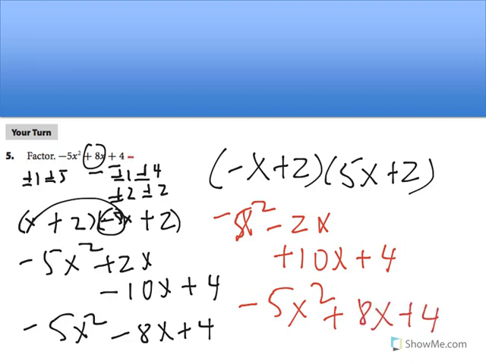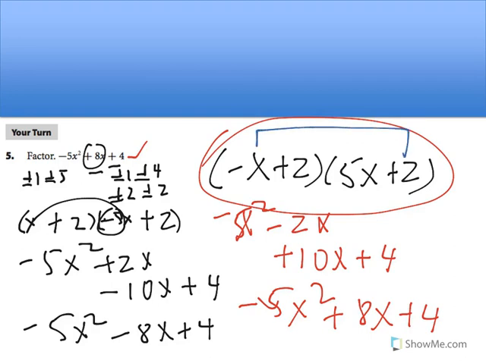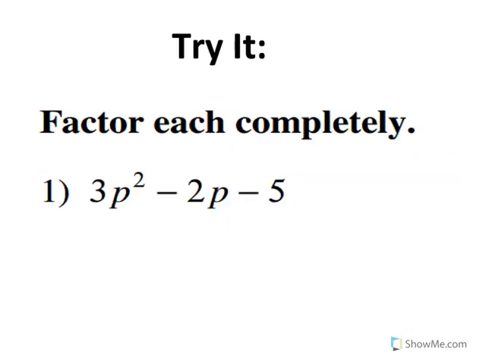So this is the same as that, and this is the factorization. Another quick way to check is to look at the outer and inner terms. These two give us a negative 2x, and these two give us a positive 10x. When we add these two, they give us a positive 8. So that's a quick way of testing it.